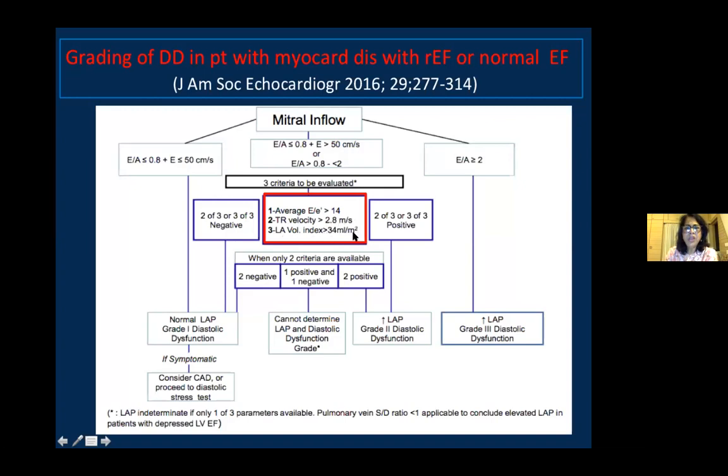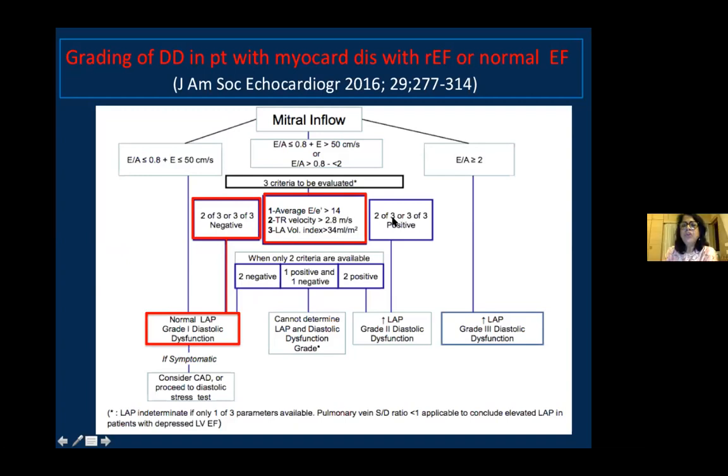Now, out of these three criteria, if you happen to get all three criteria in a patient and 2 out of 3 or all three are negative, not fulfilling the values, then we say it is a grade 1 diastolic dysfunction, normal LV filling pressure.